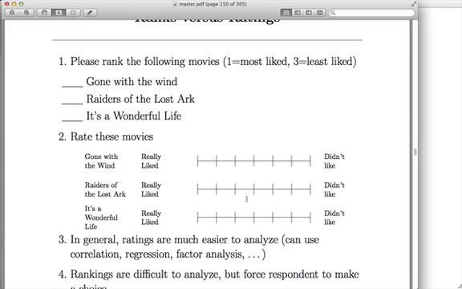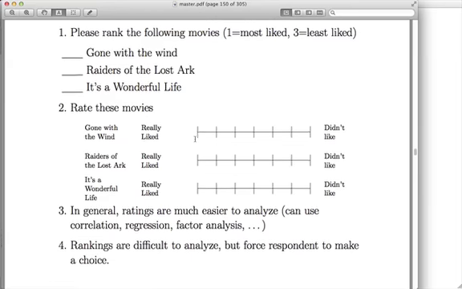Third possibility, they may not like any of them, but if you force them to say which one do you like the most, or in other words, which one do you dislike the least, you can't really tell that with just ranking. So for those reasons, I really prefer rating data. Another reason to prefer rating data is that it's very easy to analyze.